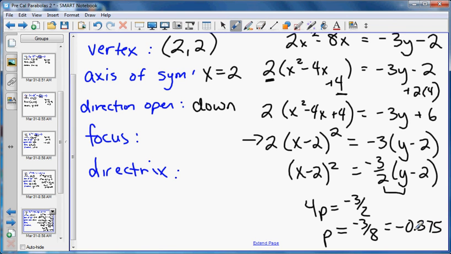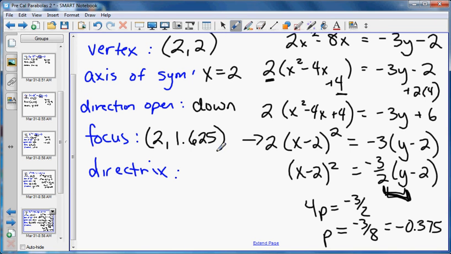So for our focus, we need to add that number to the y value. And again, this is why we add it to the y value, because that's the one it's with over on the right hand side. So we add negative 0.375 to 2, and we would get 1.625. So that would be the point that is the focus.